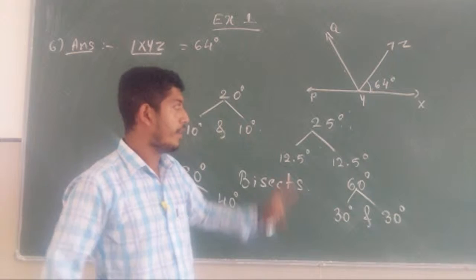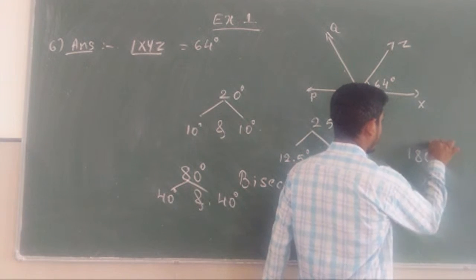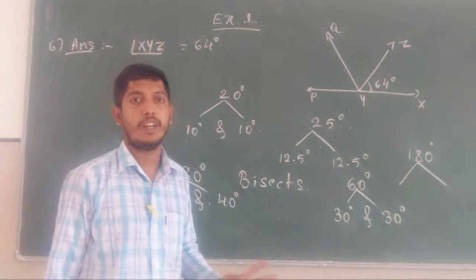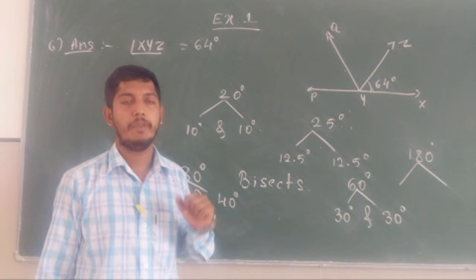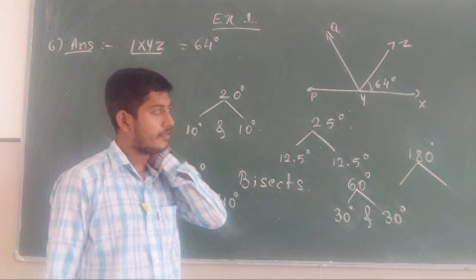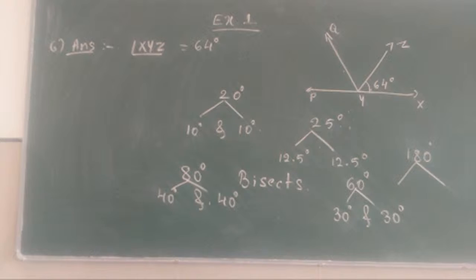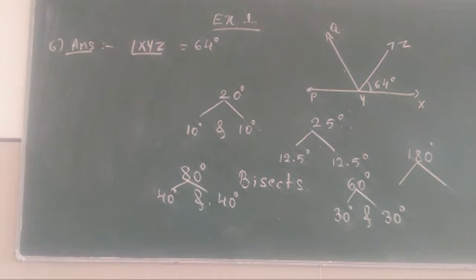If the total angle is 180 degree and a ray bisects that angle, then what are the two angles produced by it? Comment me fast. If you understood it, just click on the like button and comment me the answer first.